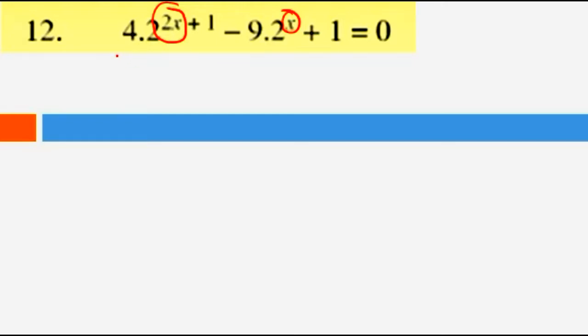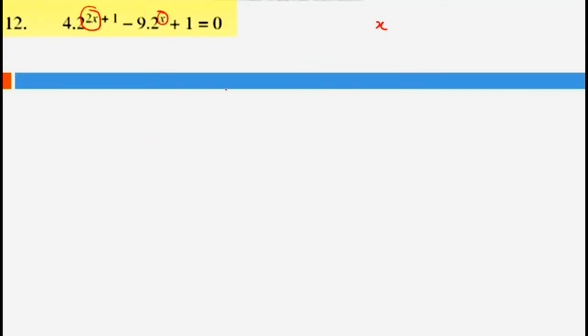First of all, we have to reduce this equation into a quadratic equation. If we have x raised to the power p plus q, we can write it as x raised to the power p into x raised to the power q.